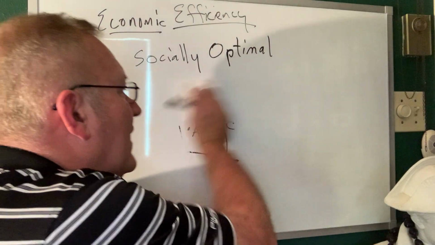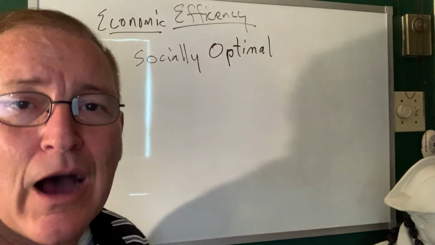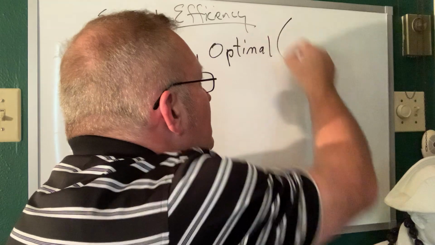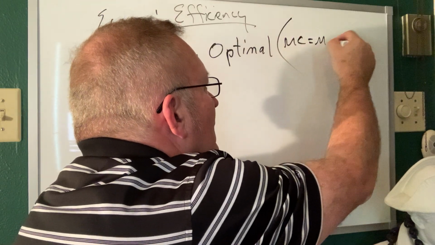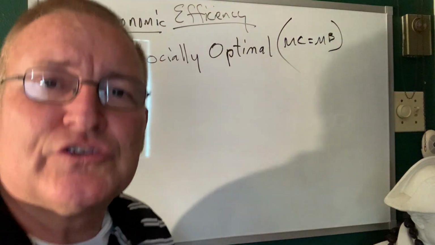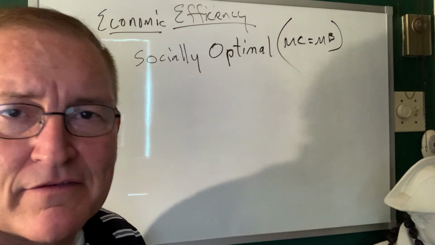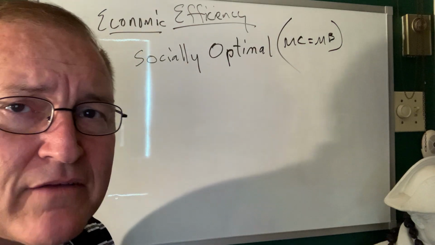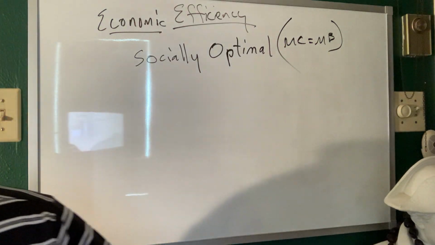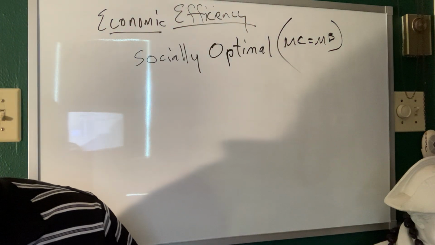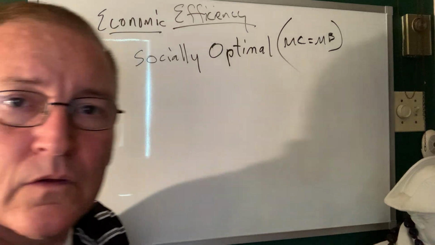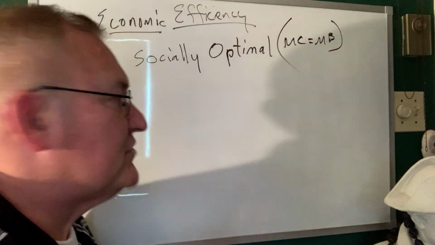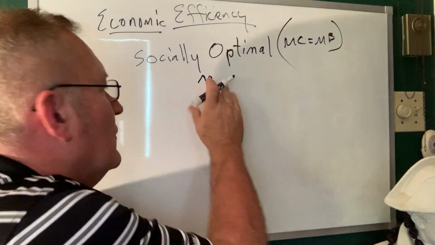What does answer what's socially optimal is where your marginal cost equals your marginal benefit. So let's talk a little bit about marginal cost and marginal benefit, all right? Very quickly, the easiest way to understand marginal benefit.